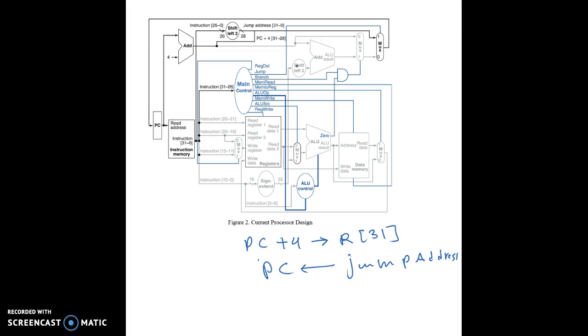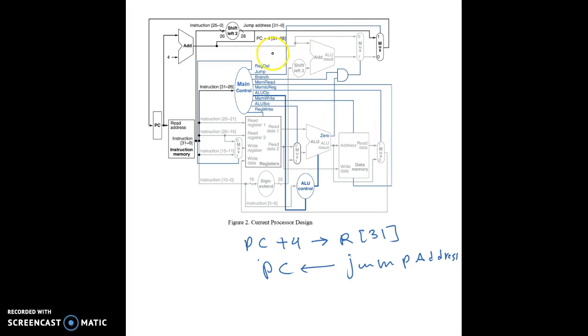There are several ways to do this, but the most efficient ones are the ones that involve the least amount of components, or basically no components at all. So we have the option of actually extending this mux here and connecting PC plus 4 to it.